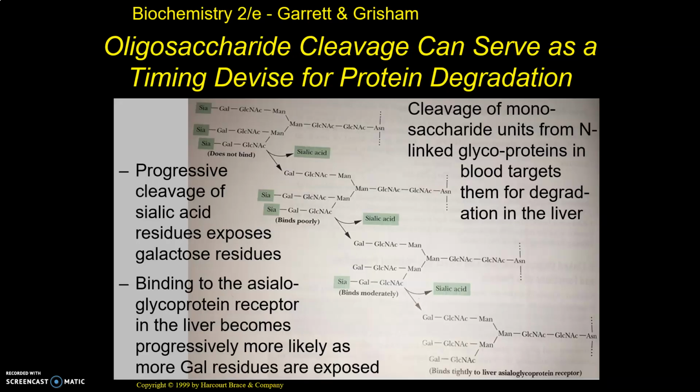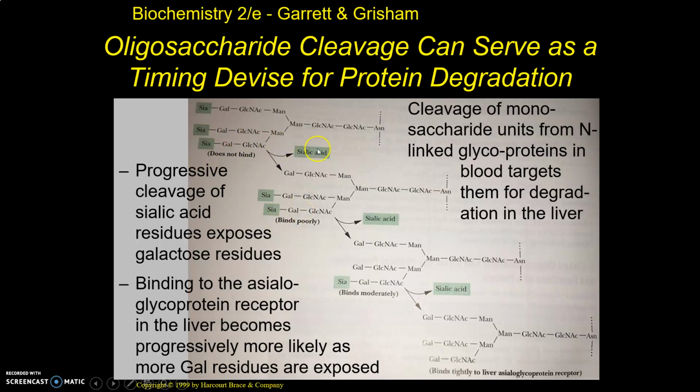And another reason why we like looking at this N linkage is because this can serve as almost like a timing device for degradation. So in this example, we're going to start cleaving off this sialic acid, right? And whenever we do this, it exposes this galactose residue.